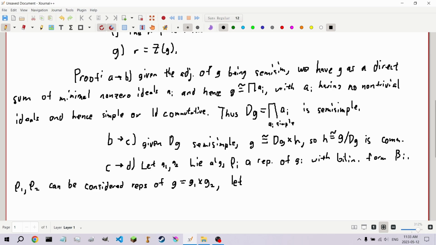And then we let rho be their direct sum.